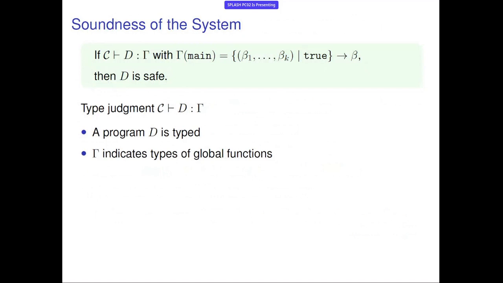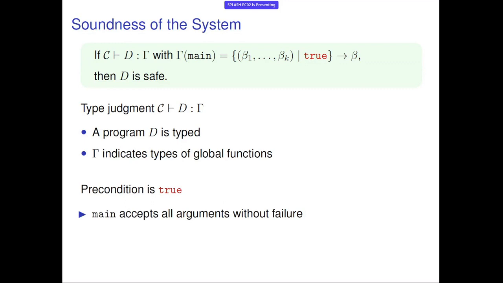A program D is typed, and in this case, gamma indicates the types of global functions in D. This statement means that if a program D is typed, and main has this type, and the precondition is true, then D is safe, which means D will never fail. So the main accepts all arguments without failure. The function main works for every value of arguments.